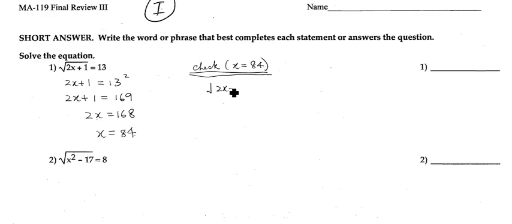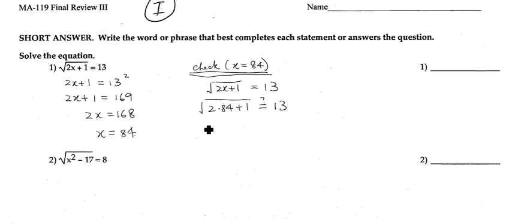So you have the radical 2x plus 1 equals 13. Standard procedure: replace the x by 84 and then put the question mark on top of the equal sign. You're asking a question. Is it true that the left-hand side and the right-hand side are the same?